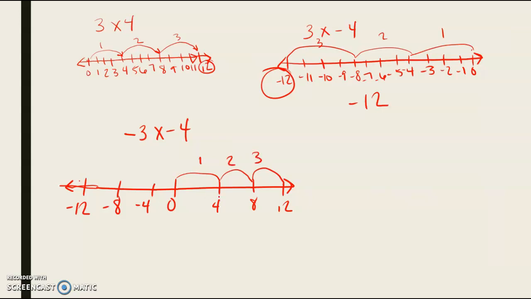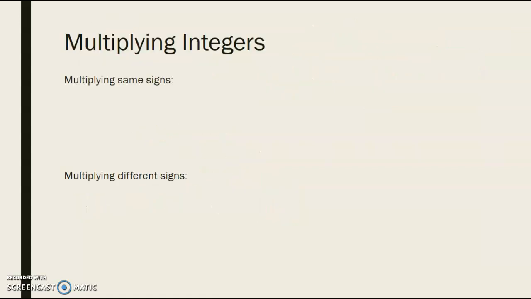So if you've ever sat there and thought, well, why would 2 negatives make a positive? That is a reason why 2 negatives make a positive. One tells you to go left, and the other one tells you to change your direction, like we were talking about when adding integers.